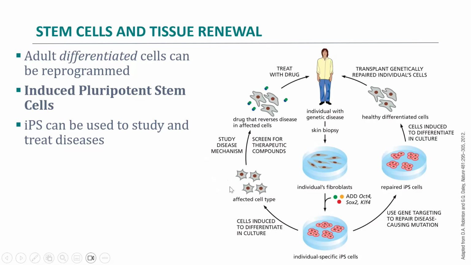I'm going to see how this disease state happens. Then I'm going to screen and try different drug therapeutics on it in a culture dish and see which one treats it better without actually having to experimentally test on the human. And whichever one reverses that disease or has the best treatment application, now I can give it as the correct drug treatment. So again, this is very promising because for a long time, it was only that you could use embryonic stem cells. Now we have found that we can bypass that by using adult stem cells.